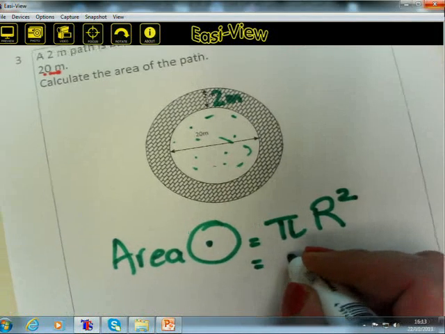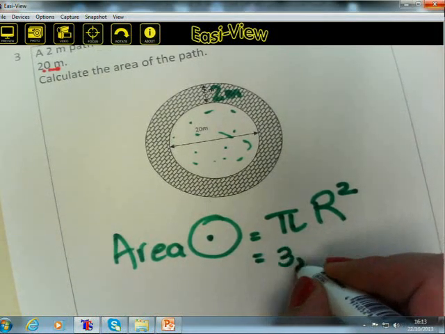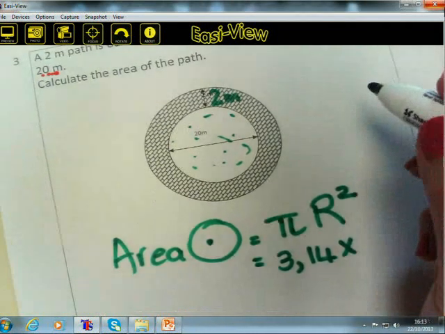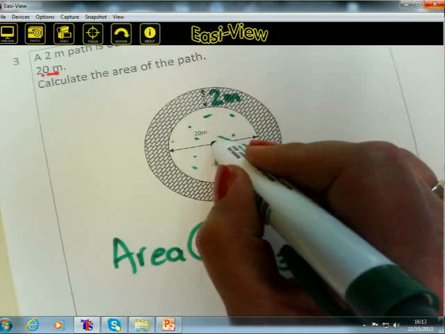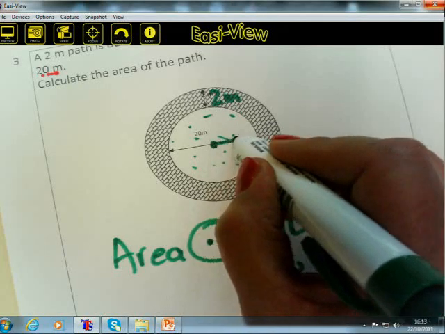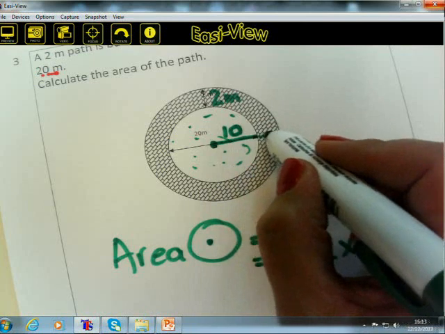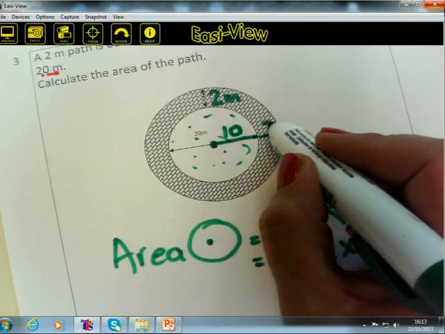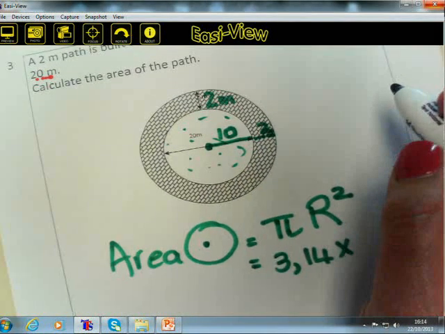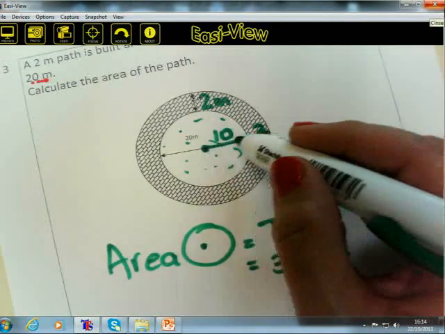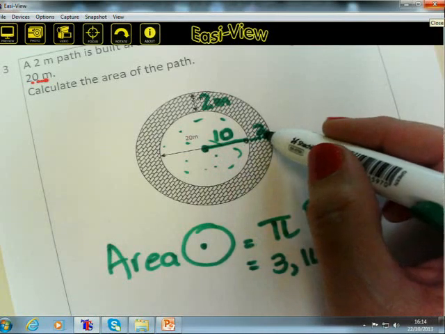Pi, I think you can remember that by now, is 3,14 times the big radius now. Now, if you look at this, we said the small radius is 10. But now I also have that part, which is 2 meters. So can you tell me what is the radius of the big circle? It's not 10. It's not 2.